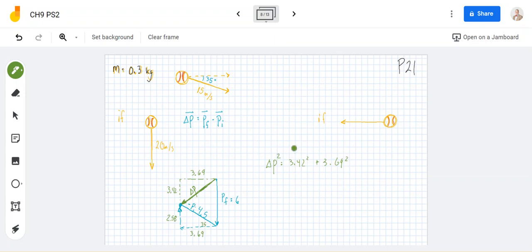Oh, don't forget to square it. And I get the change in momentum is equal to 5.0, and that's kilograms meters per second.